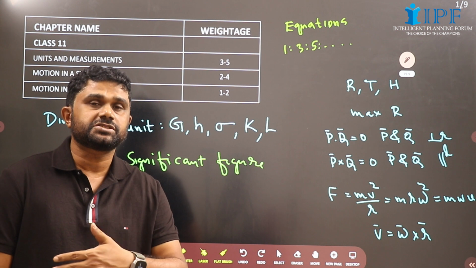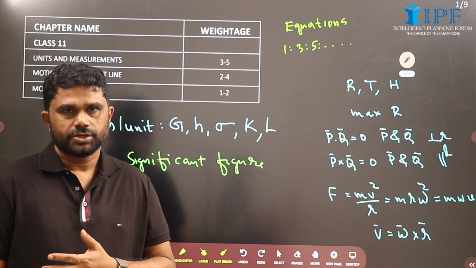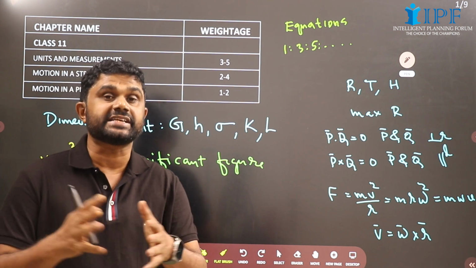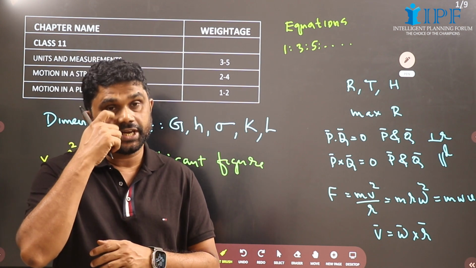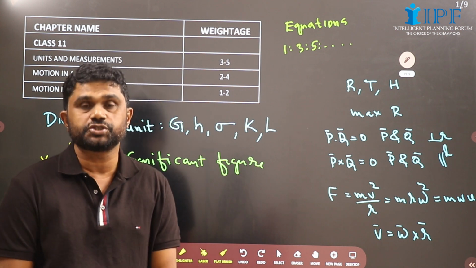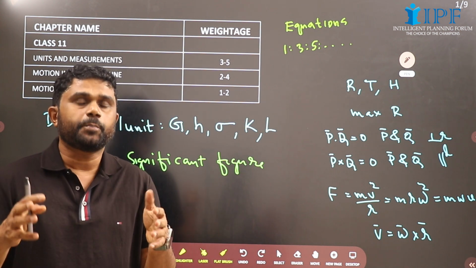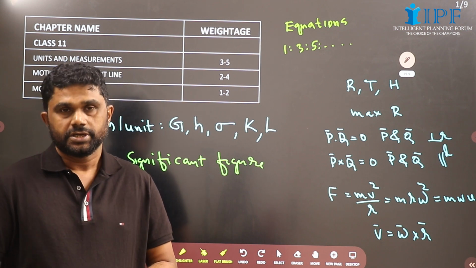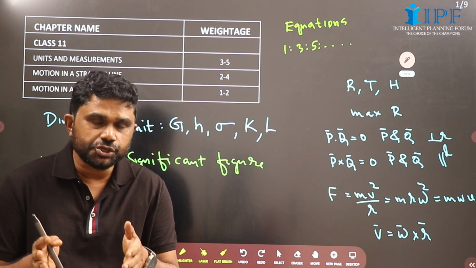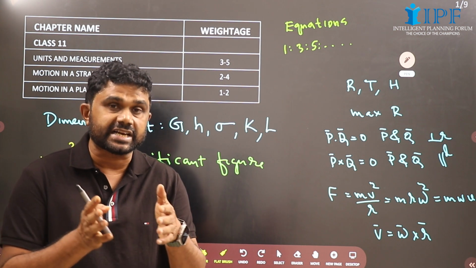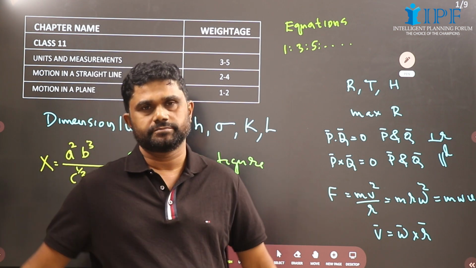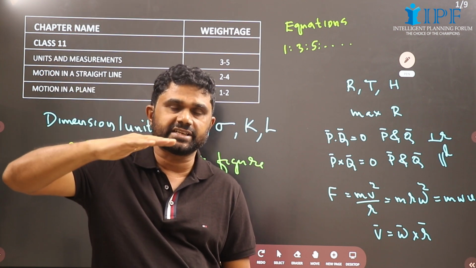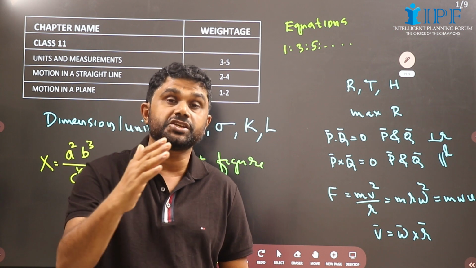In addition to these basic 3 equations, you should know the equation for the displacement in the nth second, that is S subscript n equals u plus a by 2 times 2n minus 1. And suppose a body starts from rest and moves with a constant acceleration. Then see the ratio of displacements in successive equal intervals of time. For example, for a freely falling body, the ratio of displacement in the first second, second second, third second will be in the ratio 1:3:5.